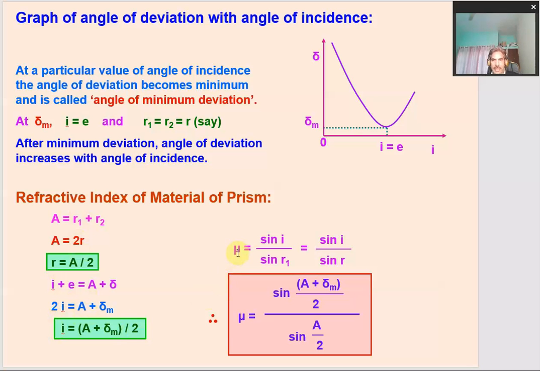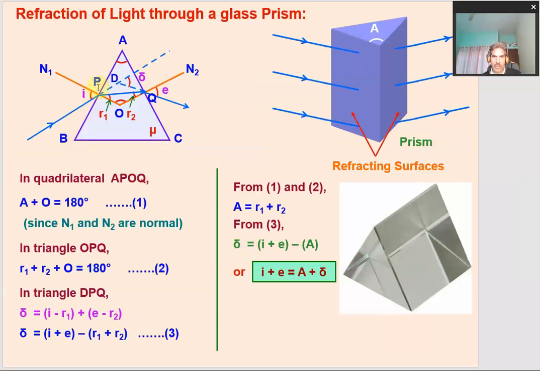Now we can write Snell's law for the refraction happening whenever a light ray passes through a prism. Sine of the angle of incidence divided by sine of the angle of refraction, which is R1, or simply R because R1 and R2 are the same, equals the refractive index of the material of the prism to the refractive index of air.